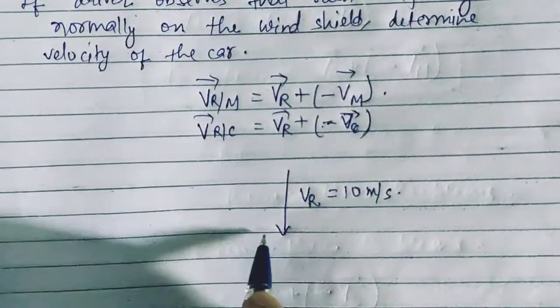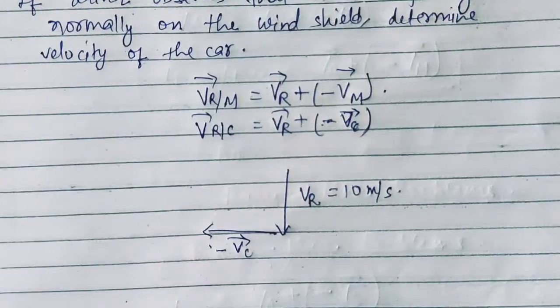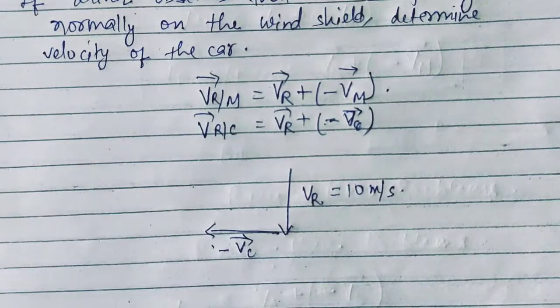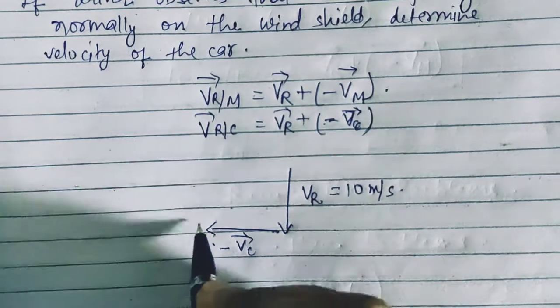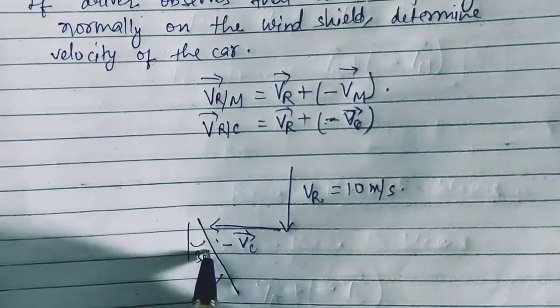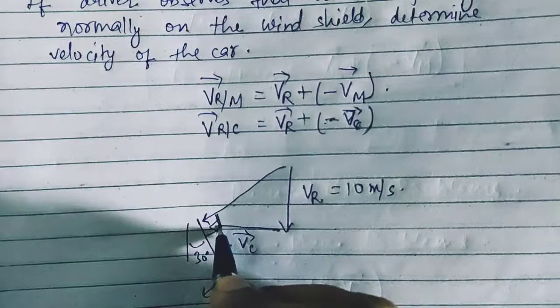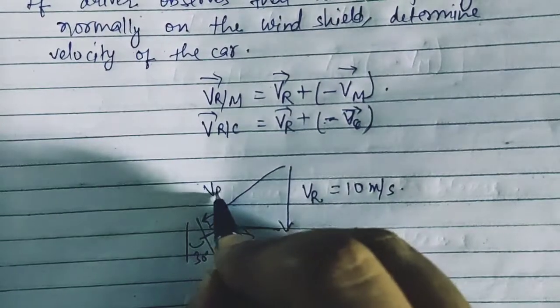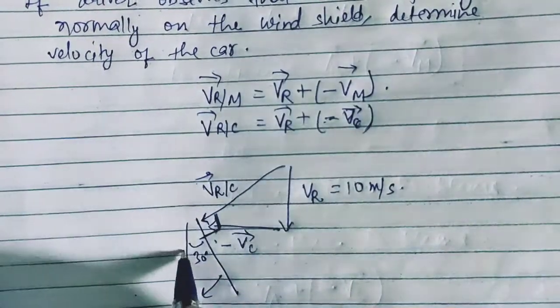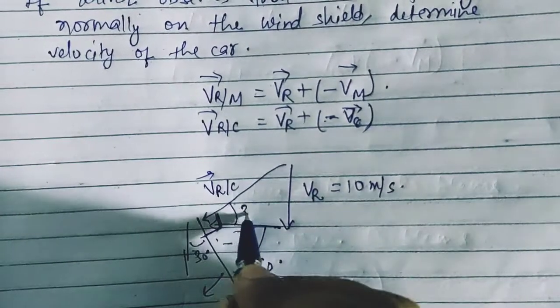So this is minus of V car. Suppose this is the windshield at an angle of 30 degree, so the rain is falling at 90 degree on this windshield. So if it is 30, it comes out to be 60 degree, and this is 30 degree.